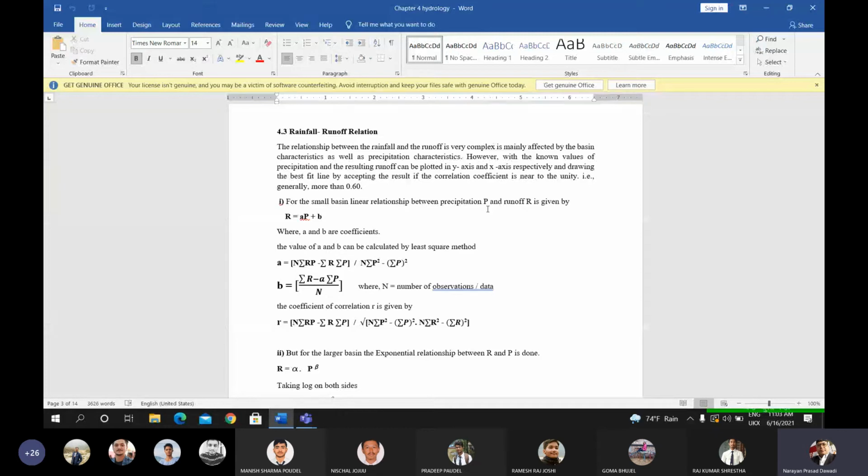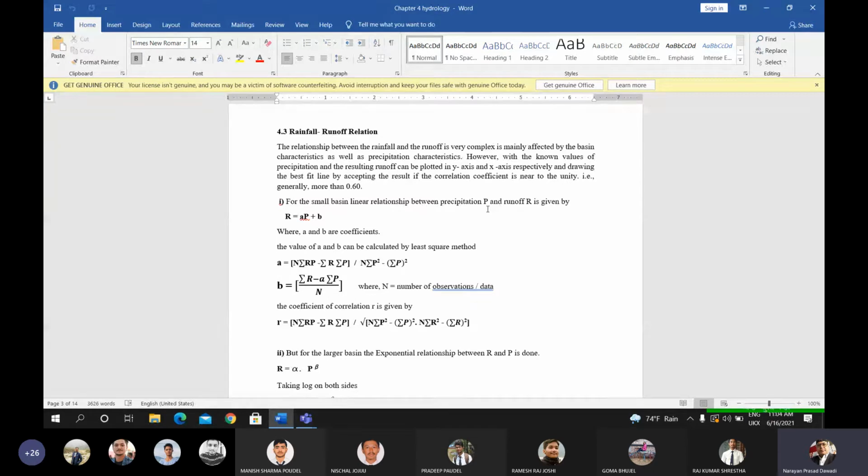For this equation, we can find the values of parameters A and B by using the least square method. For A: n summation rp minus summation r into summation p, divided by n summation p square minus summation p whole square, because r is equal to y and p is equal to x. Similar to the equation A is equal to n summation xy minus summation x summation y, divided by n summation x square minus summation x whole square.